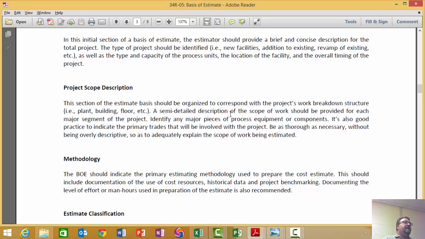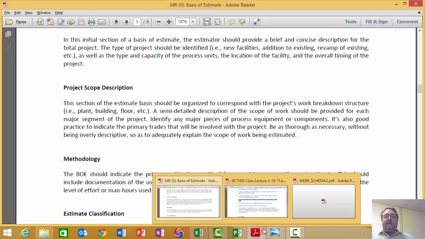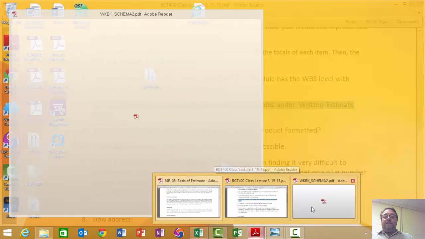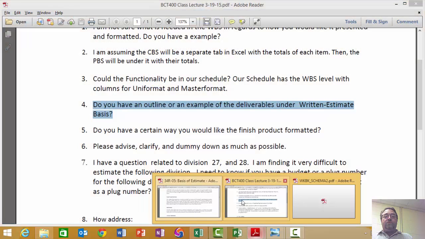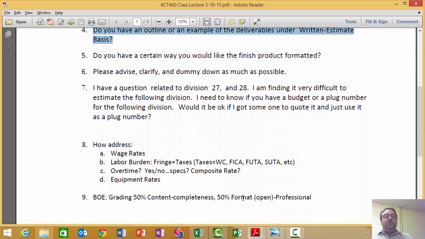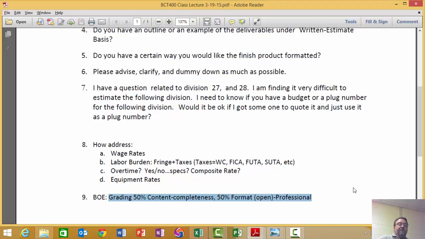I think in the notes I said, right now this is my grading rubric: 50% on content. Did you tell me what you did in the estimate?